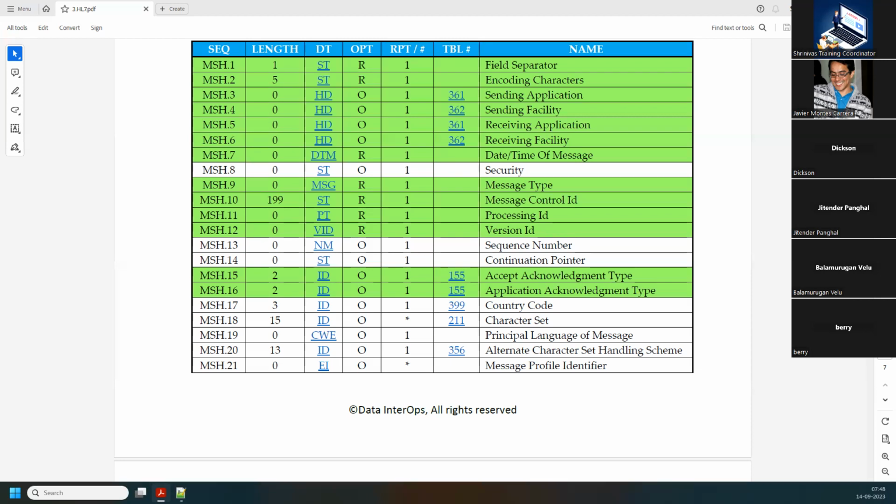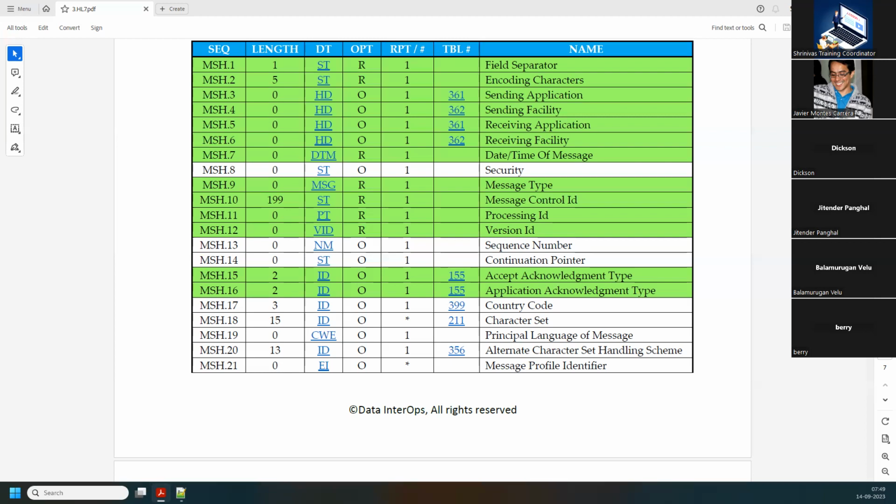So what is an acknowledgement? An acknowledgement is a confirmation sent by the receiver indicating that, yes, I have received your message. For example, if you go to a shopping center, we pay the bill and then we get a receipt. That receipt acts as proof of purchase that you have paid the amount and the invoice was in fact generated.